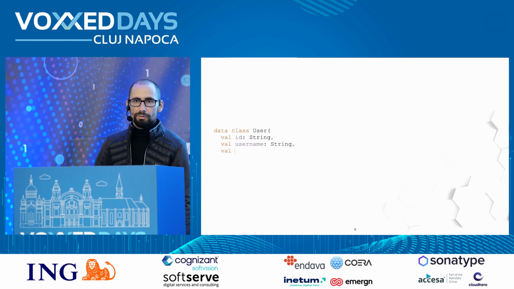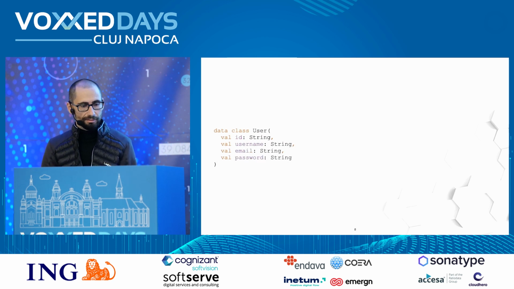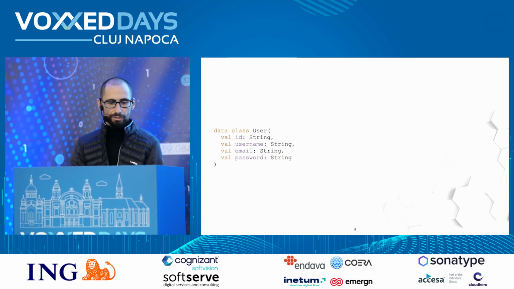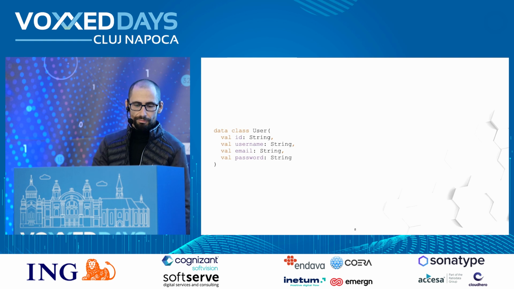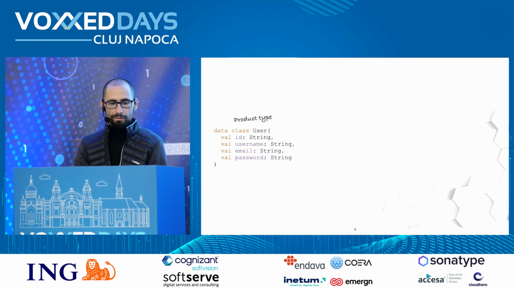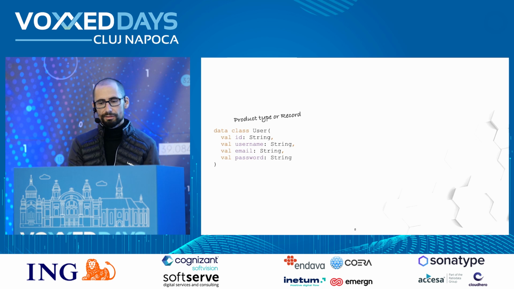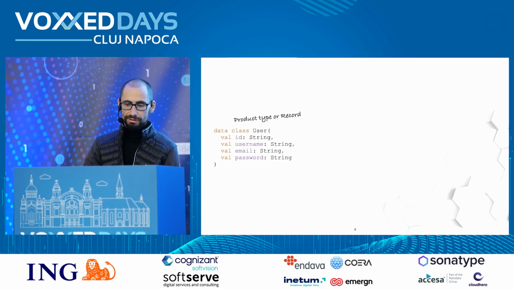So let's model our first domain type, which is a user. As we see, the user is made from the username, email, and password, and also the ID, which is generated when we are inserting it. These are called product types or records. They're also present in Java in newer versions.